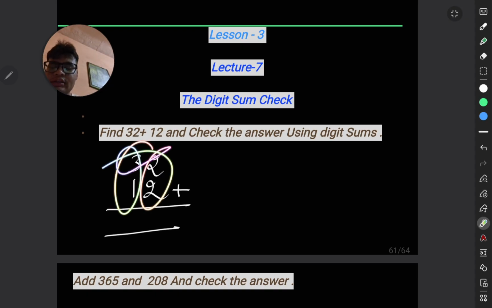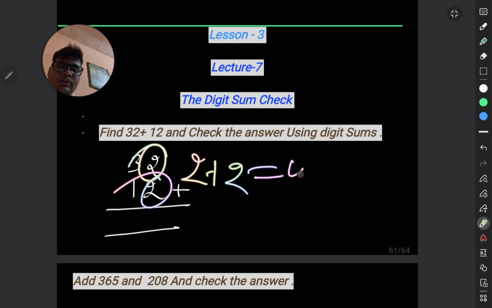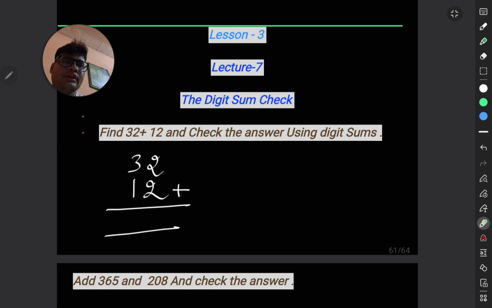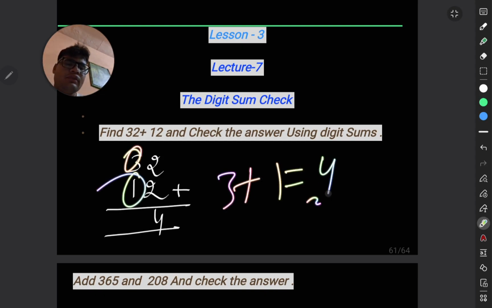Then we have to add these. 2 plus 2 will be 4, so I will write 4 here. Again, we move to the next digit. Here is 3 plus 1, which is equal to 4.